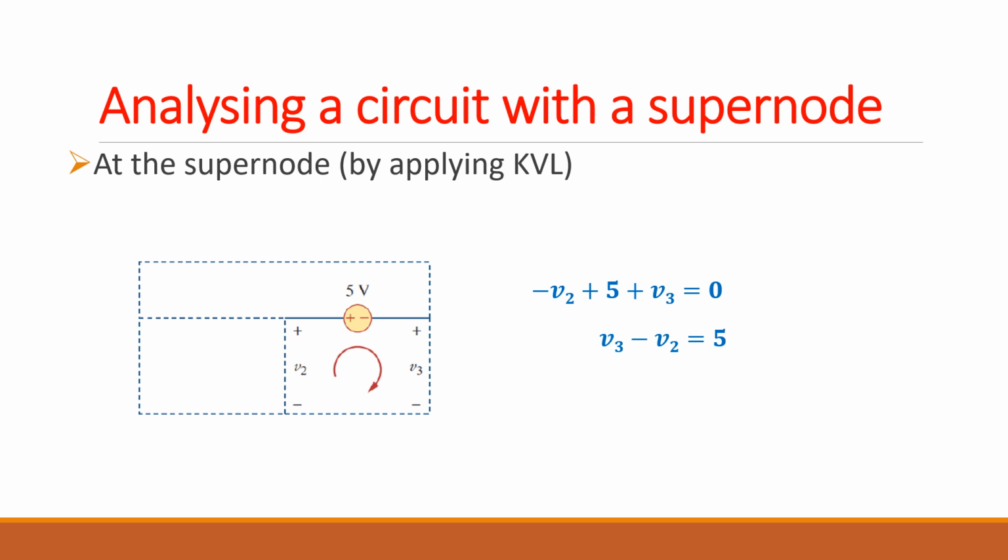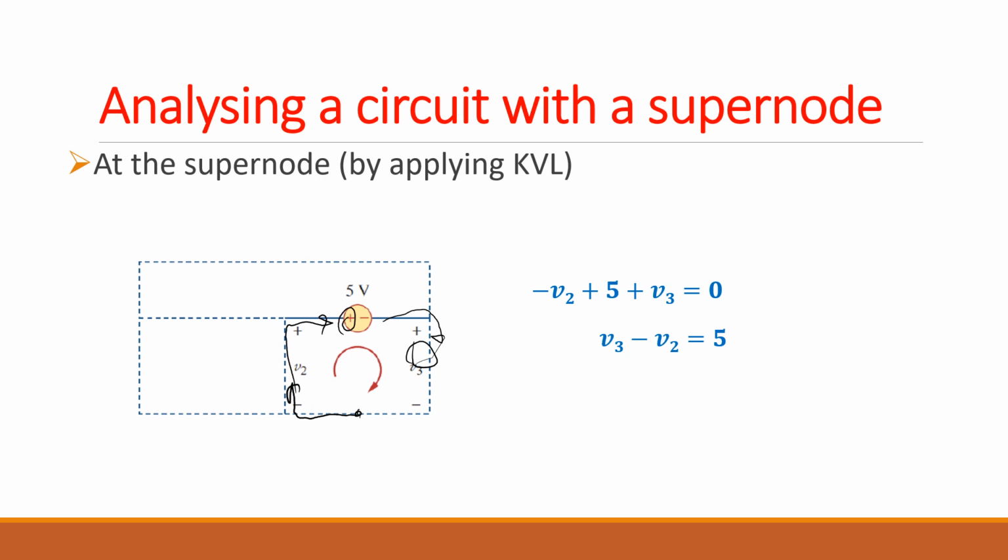So we can write the KVL for that particular loop. You start at this point and you're going this way. So it is negative V2 plus 5, because going into the positive side of the 5 and going into the positive side of V3. So that will be negative V2 plus 5 plus V3 is equal to 0.